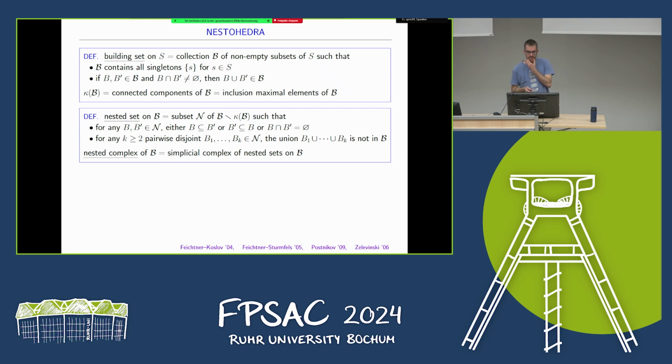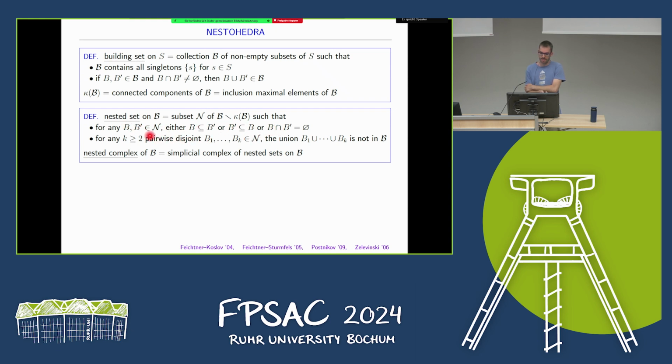Okay, and when you have a building set, you can construct what is called the nested complex of this building set. It's a simplicial complex of nested sets, and a nested set is just a subset of B, where for some reason we remove the connected components. And you want that any two elements in this set are either nested or disjoint.